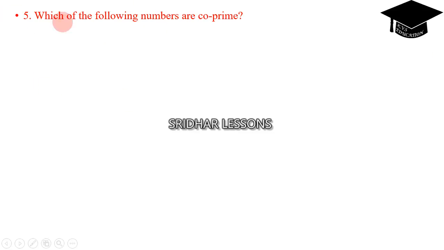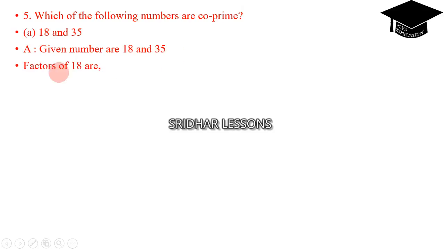Problem number 5. Which of the following numbers are co-prime? 18 and 35. The given numbers are 18 and 35. So factors of 18 are 1, 2, 3, 6, 9, 18. Factors of 35 are 1, 5, 7 and 35.